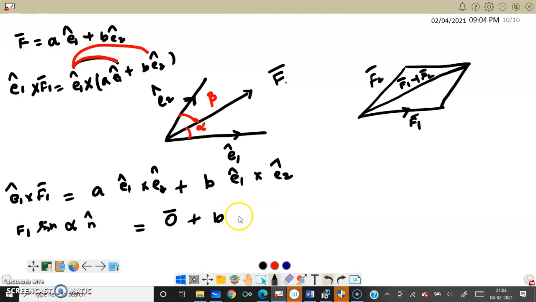So what is the angle between E1 and E2? Alpha plus beta, right?